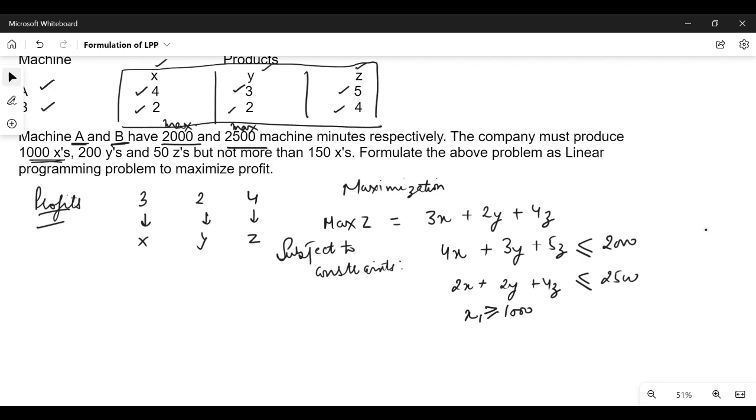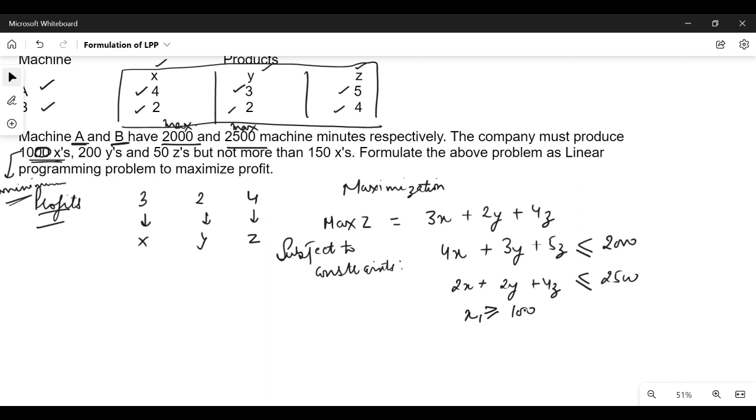This is not 1000, this is 100. There is a typing error. So x should be greater than or equal to 100 because it is a must produce. So this 100 is the minimum limit which is produced by the firm for x unit.